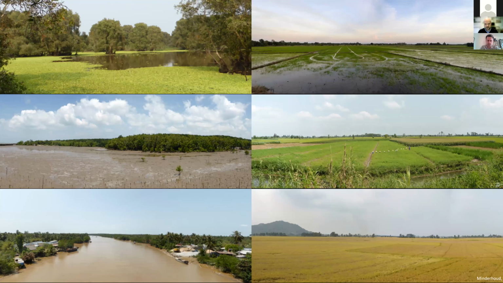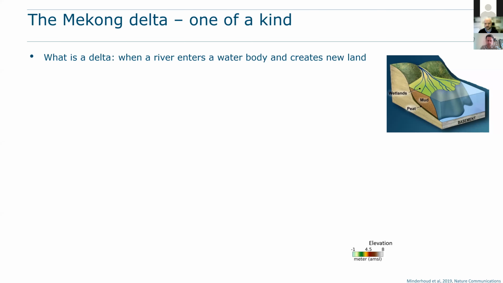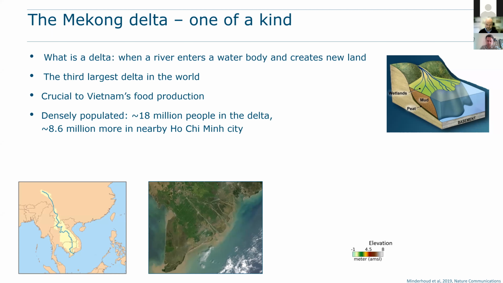So to start on the same level, what is a delta? The most basic description of a delta is when a river enters a body of water and deposits sand, mud and other materials, it can create new land, and this new land is what we call a delta. The Mekong Delta is the third largest delta on our planet, so it's a very big one.